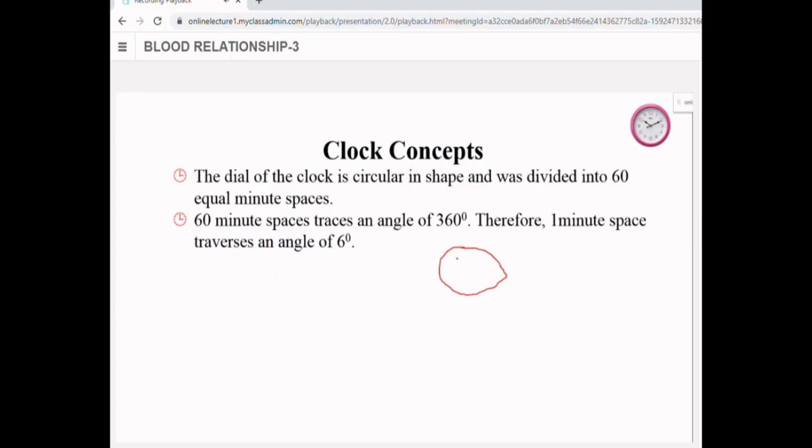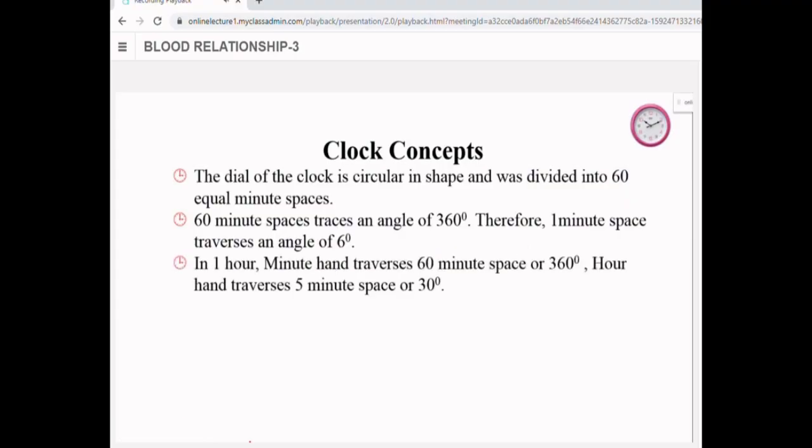Total is 360, and there are 60 minutes. 360 divided by 60, the zeros get cancelled. 6 sixes are 36. So that comes to 6 degrees. So 1 minute is equal to a 6 degree angle.